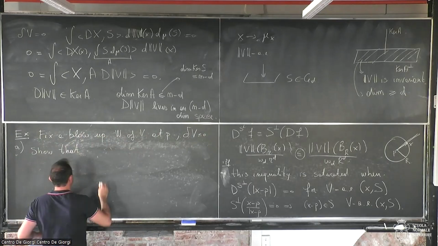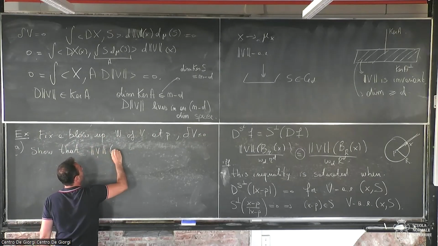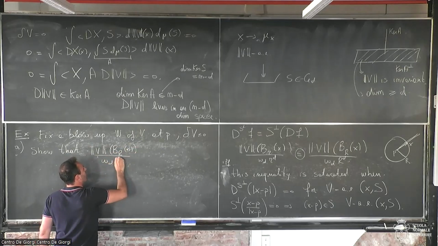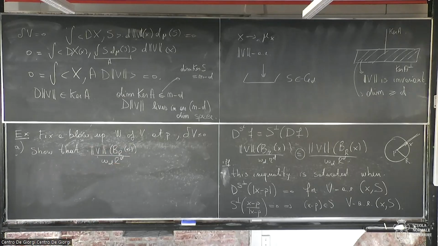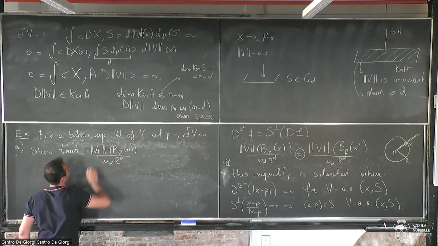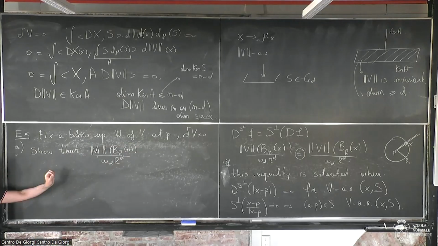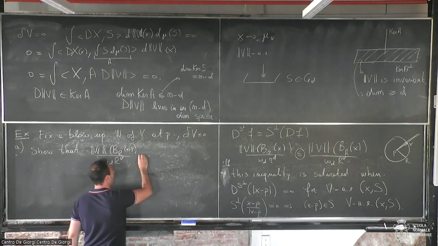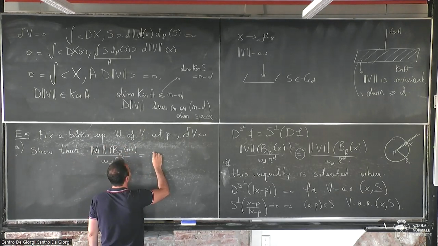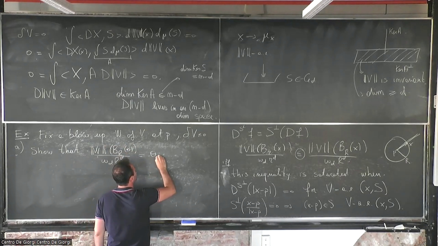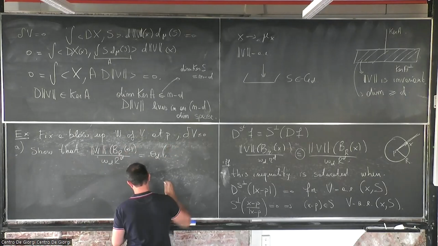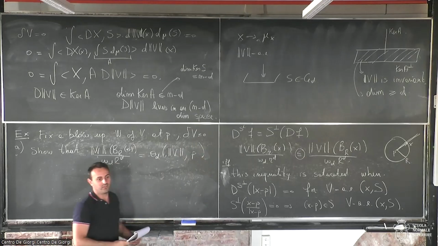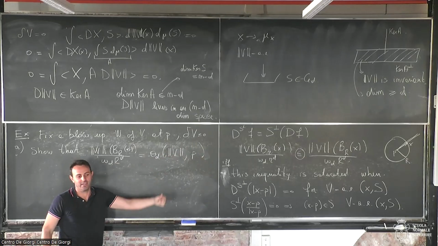Show, as an exercise, very easy, that the density ratio of W in a ball of radius capital R centered at 0, divided by omega_d R^d, is constantly equal to the d-dimensional density of the mass of the varifold at P, which coincides in particular with the d-dimensional density of the blow-up at the origin.